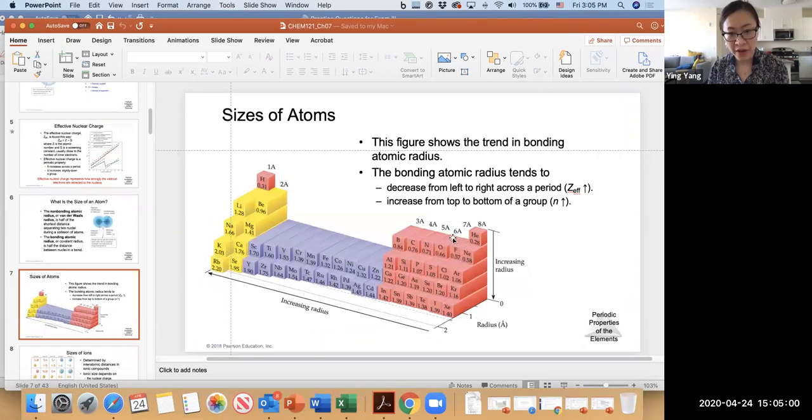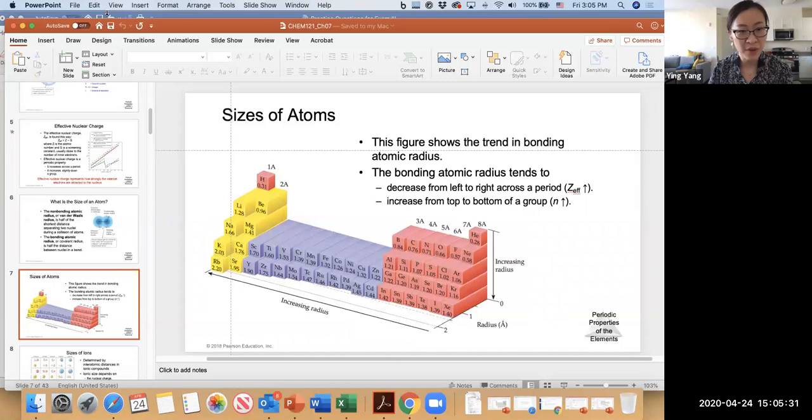If you look at the periodic table over here, the size would increase as we go down a column, and it also increases as we go from right to left of that period. This is a thing to pay attention to. It increases from right to left, not from left to right.